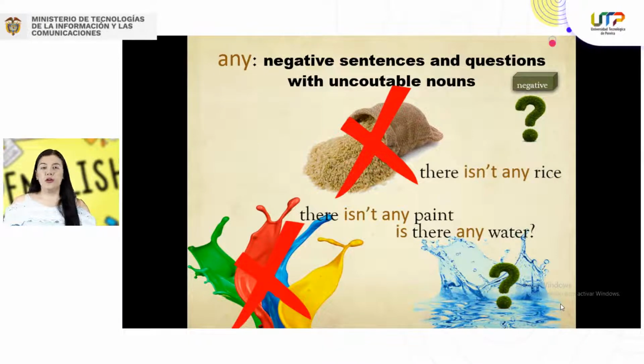Is there any water? ¿Listo? Llevamos a an para solamente contables, singular. Llevamos some para contables y no contables, pero afirmativo. Y any para negativo y pregunta para ambos también. Countable and uncountable nouns. Muy bien.